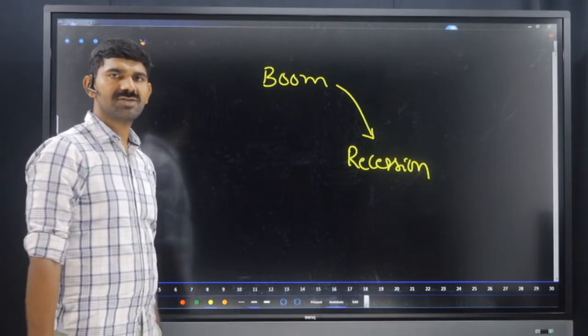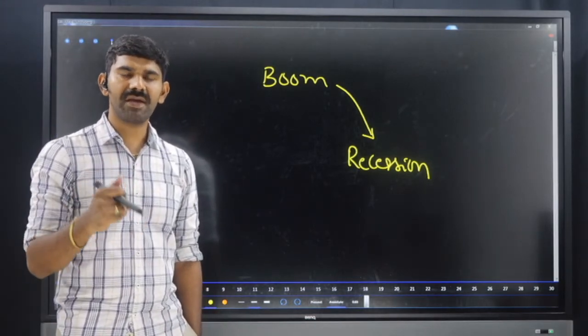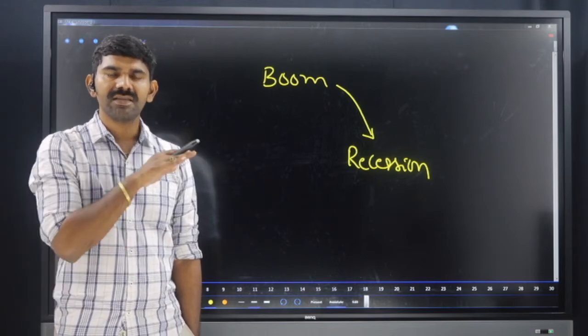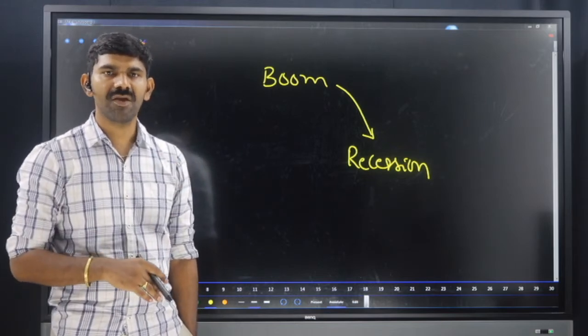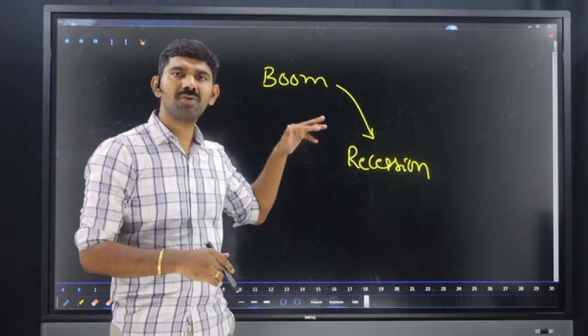When there is a disturbance to the boom, either demand got disturbed, or supply got disturbed, or employment got disturbed, then it will immediately go to recession. From boom to recession, you see that the economy is slightly coming down and people are losing employment.